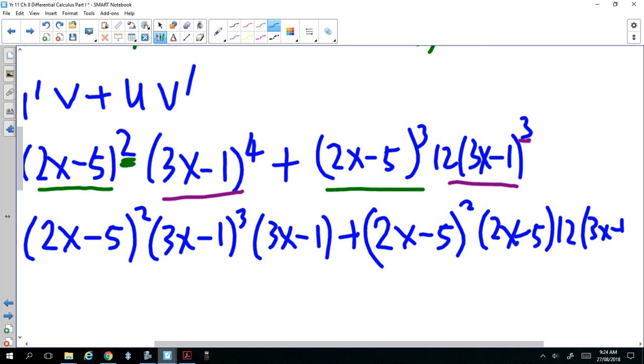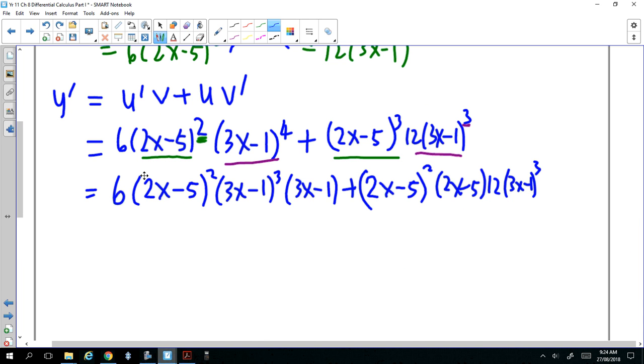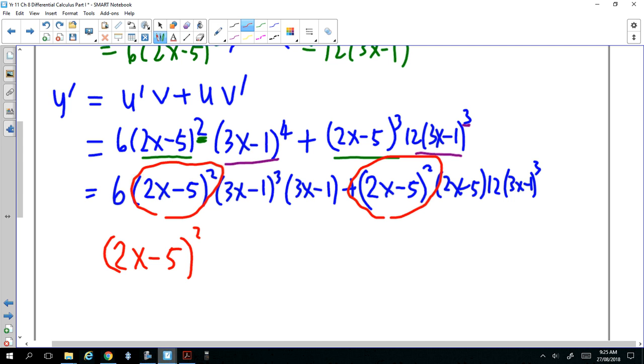Now it's time to circle the common ones. Let's take the common one out. Can you see the (2x minus 5)? That's common. Let's take that out. What else is common? (3x minus 1) cubed. Now notice the 6 and the 12 are also common.